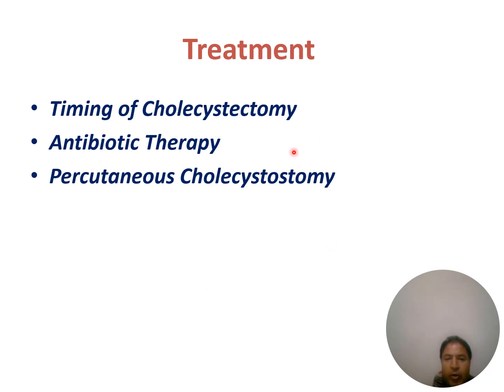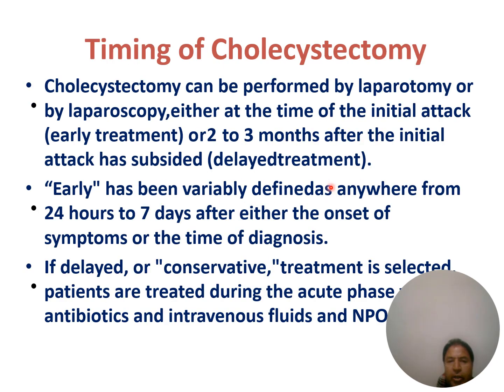Treatment is timing of cholecystectomy, antibiotic therapy, and percutaneous cholecystectomy. Timing of cholecystectomy, so it may be early and late. Cholecystectomy can be performed by laparotomy or by laparoscopy, either at the time of initial attack, early treatment, or 2 to 3 months after the initial attack has subsided, delayed treatment.